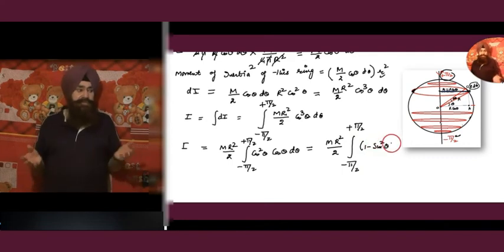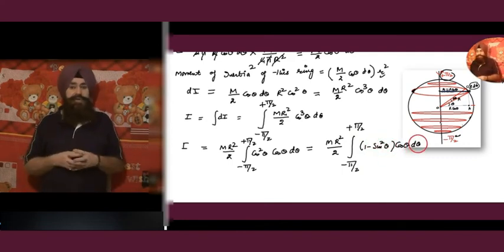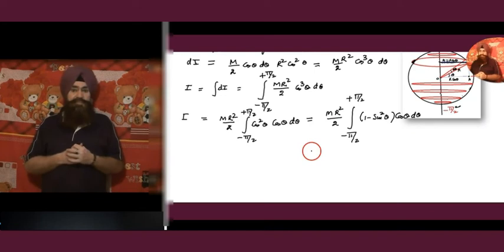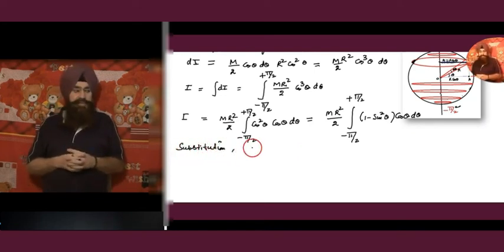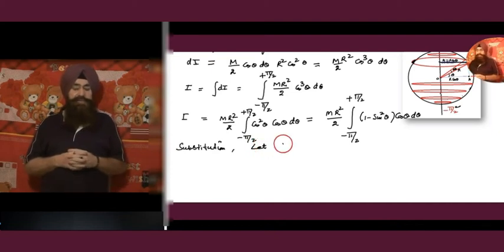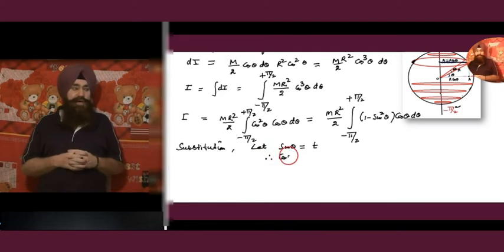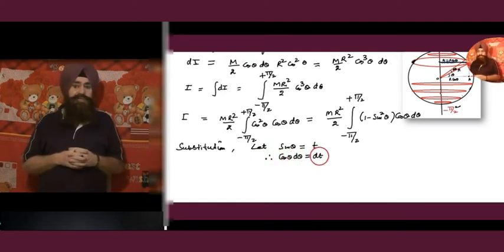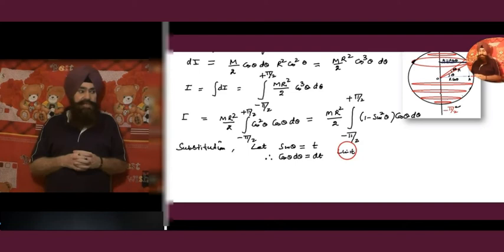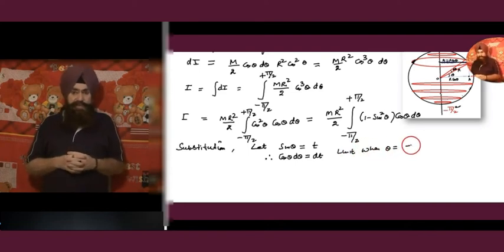Cos square theta is 1 minus sin square theta. Then substitution: let me put sin theta equals t, and differentiating it, cos theta d theta becomes equal to dt.